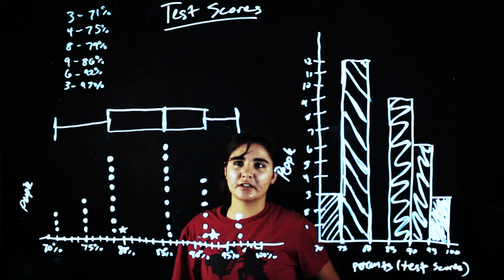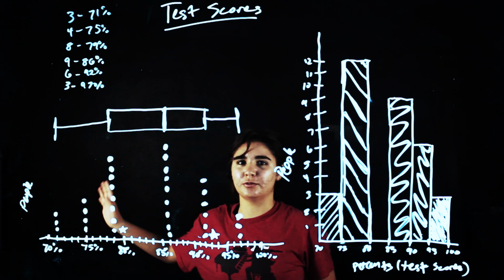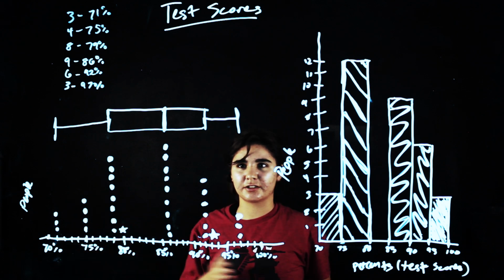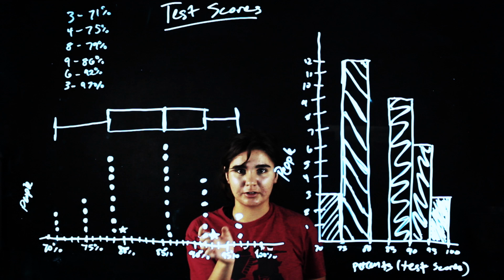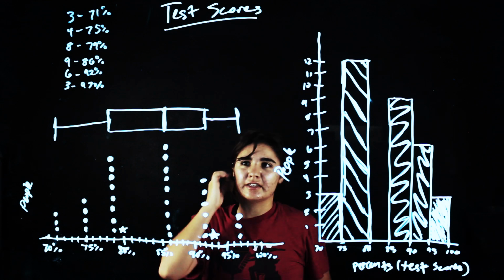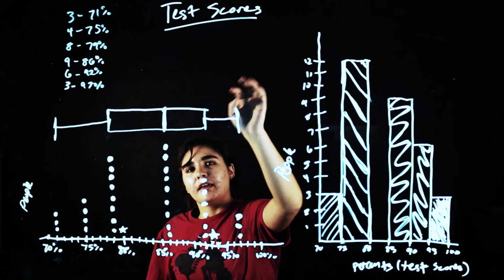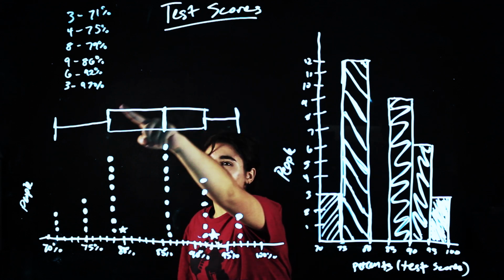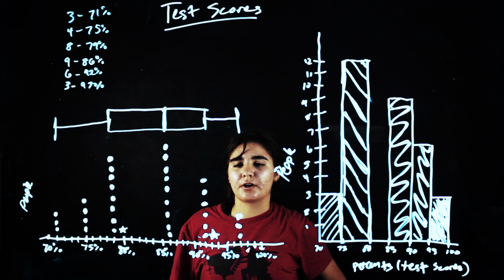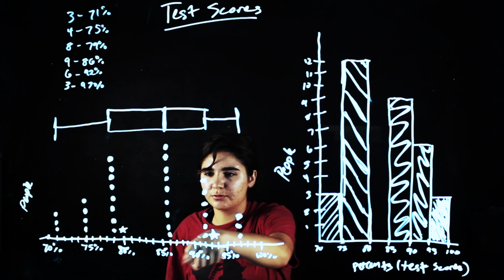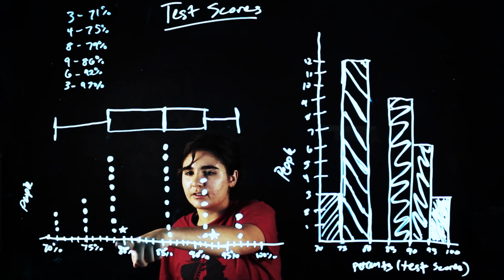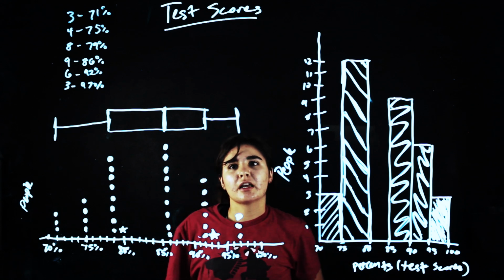So the median is the middle number of the data set. When you line up all the data from least to greatest, it's the number directly in the middle, or if there's 2, then you take the average. But it is 86 in this case. And the edges of this box correspond with this 92% and then this 79%.